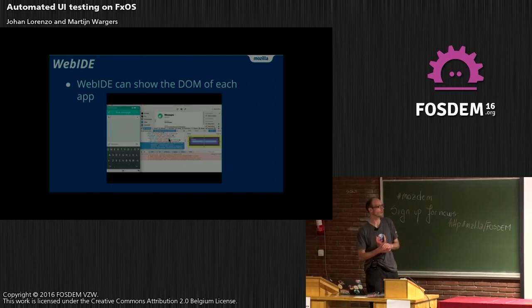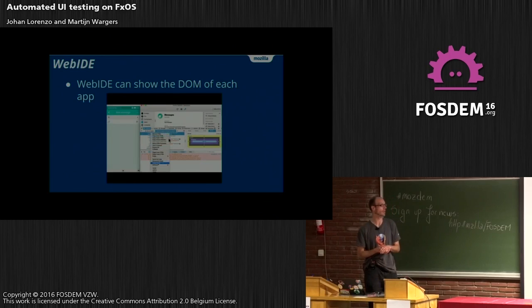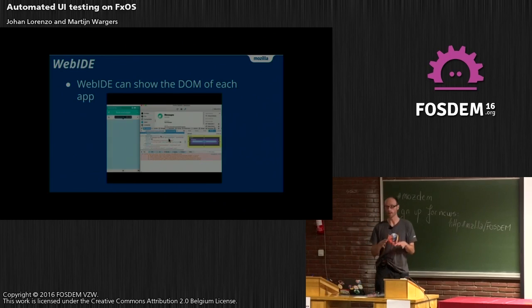I'm clicking on an element on the Messages app to try to find that element. And then Web IDE automatically shows me the contents of this element: the ID, the class name, etc., and also the DOM underneath it.